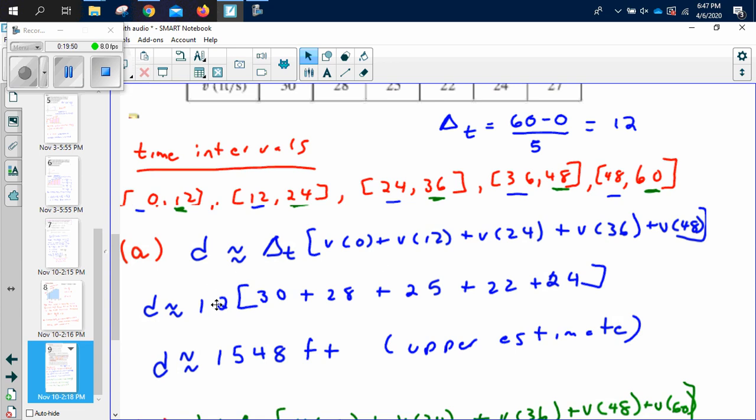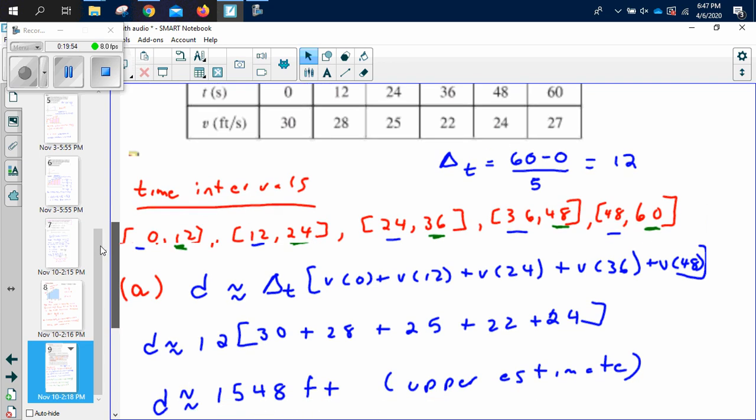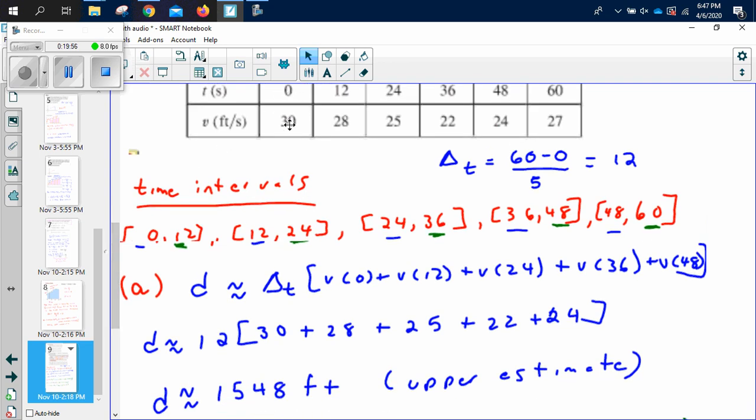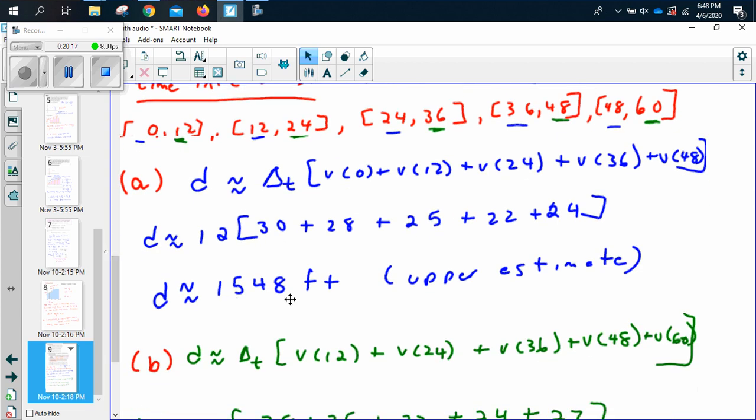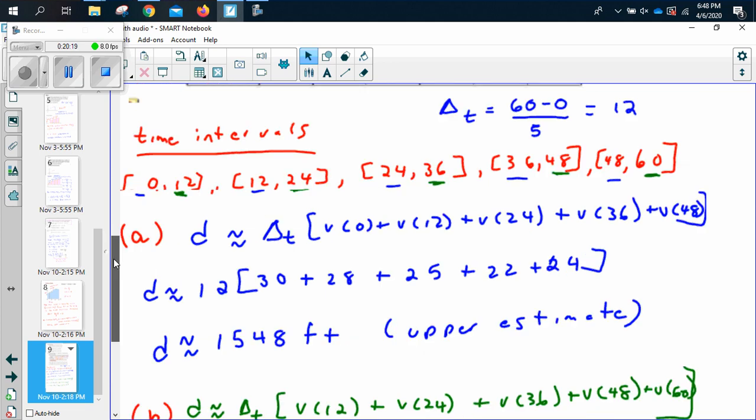So my delta t is 12, and then I'm going to read off from the table: the velocity at 0 is 30, the velocity at 12 is 28, the velocity at 24 is 25, the velocity at 36 is 22, the velocity at 48 is 24, and we won't use the 60 in this estimate. We'll use it when we're using right endpoints. So I get 1,548 feet.